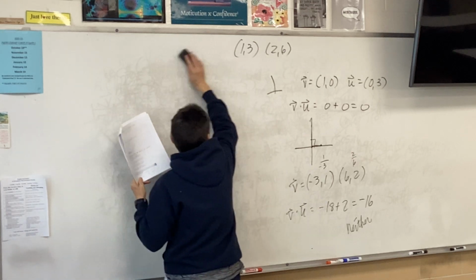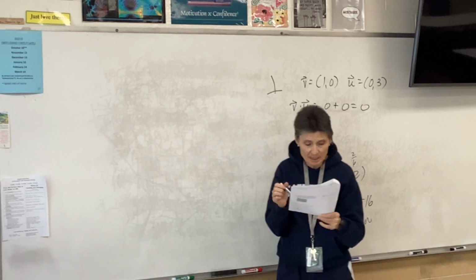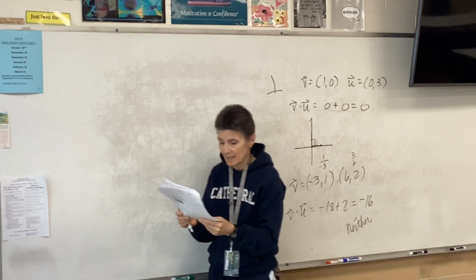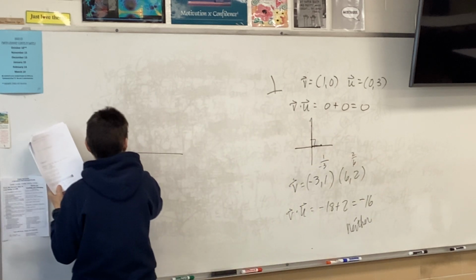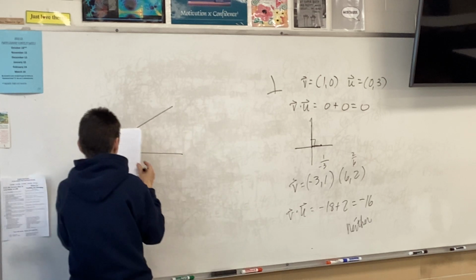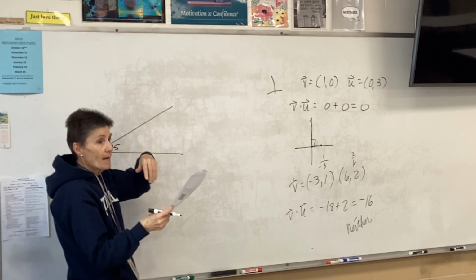All right, this next one, I copied this out of your textbook, obviously, and I should have included the picture because it's a little bit hard to understand what's going on. But here's the situation. Here's Juan, here's the hill, 45 degrees, and Juan is sitting on a sled up here, okay?